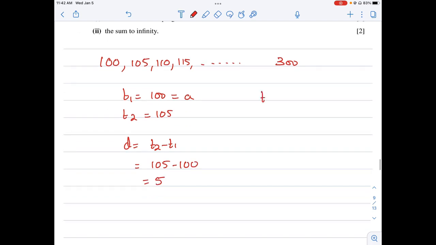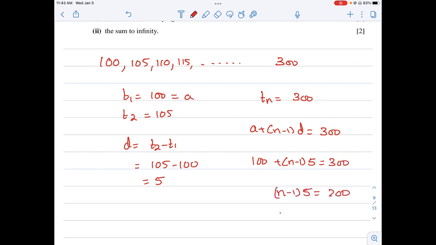And my nth term is going to be 300. So the nth term formula a + (n − 1)d is equal to 300. A is 100, plus (n − 1) times 5 is equal to 300. (n − 1) times 5 is equal to 200. n − 1 equals 40. n is equal to 41. So there are 41 terms.